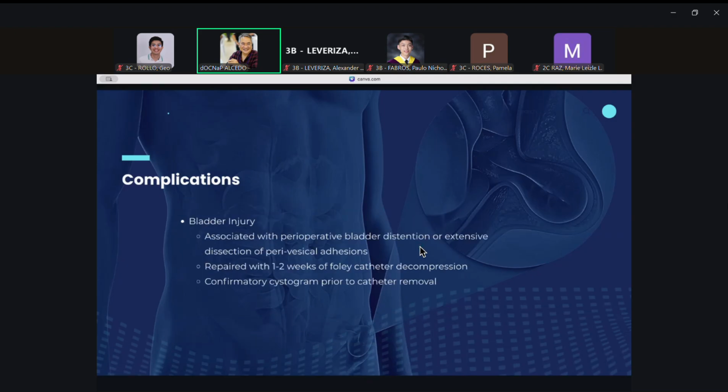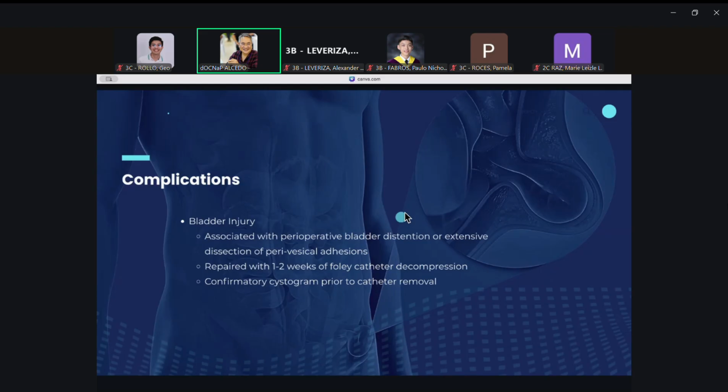Bladder injury is one of the complications. Sometimes patients develop abdominal distension, and when you need to do repeated catheterization to just relieve the bladder distension, then you might need to insert an indwelling catheter. Especially if your initial drain is more than 600 or sometimes 1 liter of urine, then you need to rest that overstretched bladder.